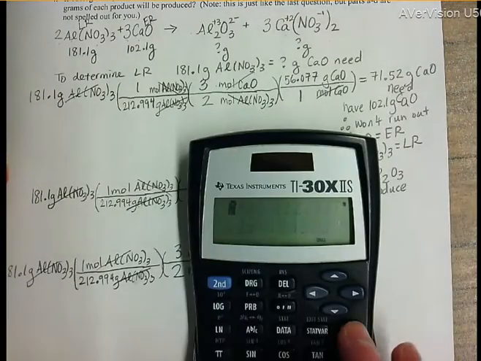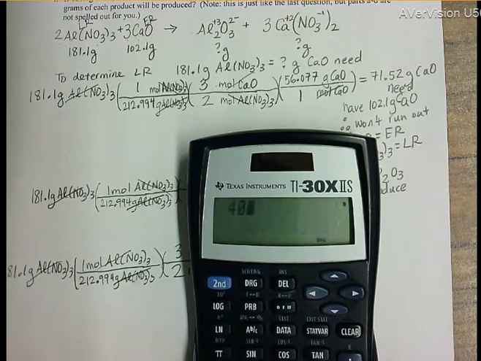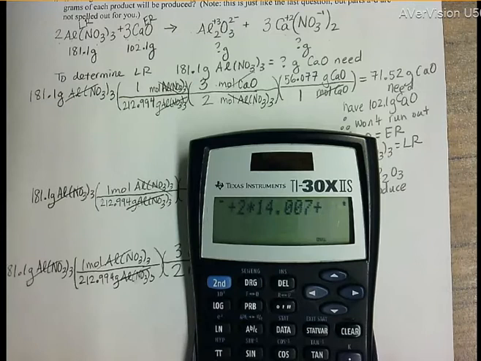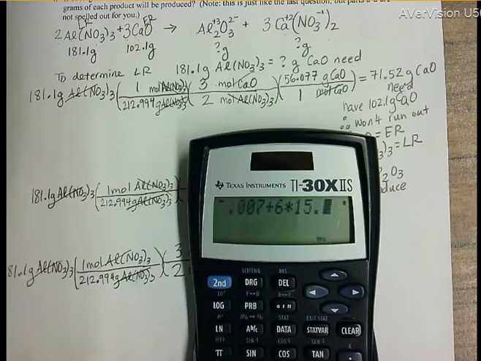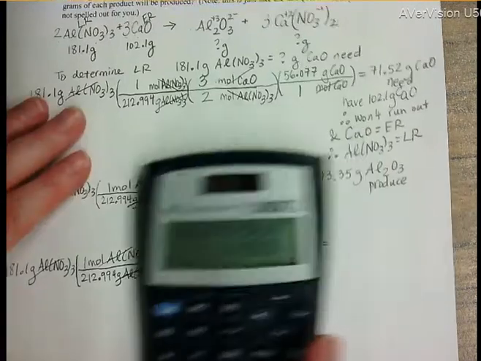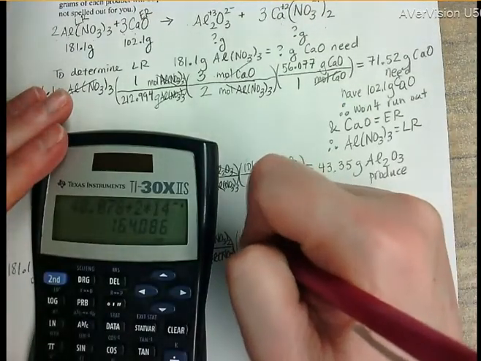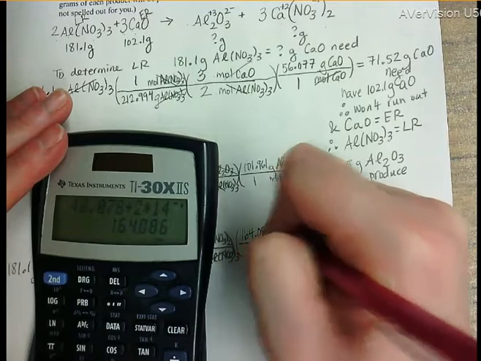So again, I need to calculate that number. For calcium, it's 40.078, and there's 1, plus 2 nitrogens plus 6 oxygens. So 164.086.